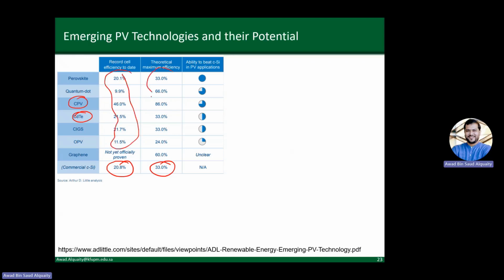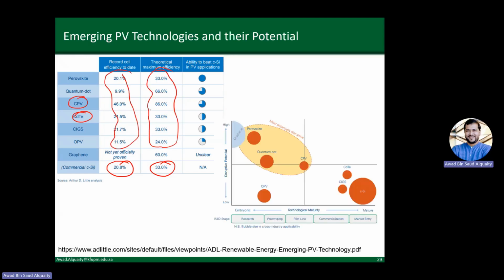And they have their own theoretical levels. So there is a lot of work happening in this field, and in terms of the maturity and the disruptive potential, this gives a very good overview of where things are.